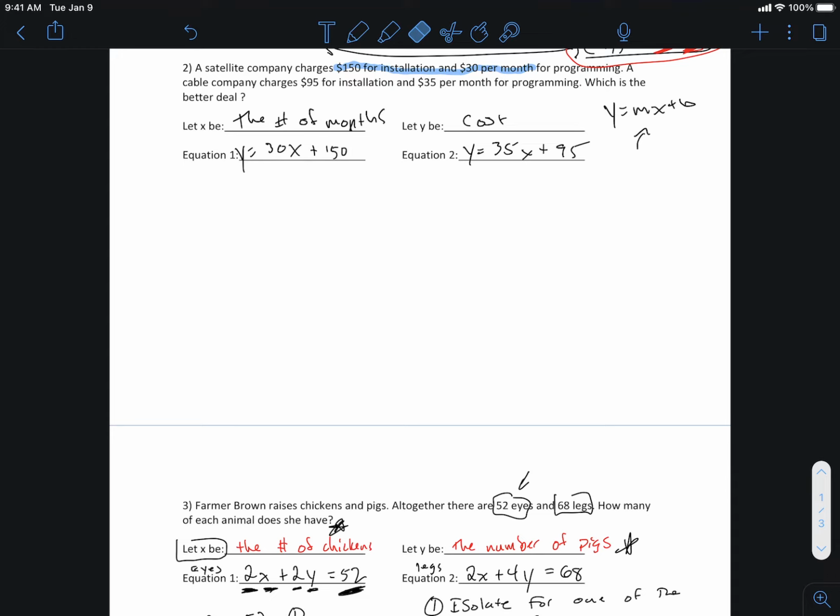Once you have these two equations, I always like writing them on top of one another, just to summarize them for myself. So y equals 30x plus 150, and then y equals 35x plus 95.